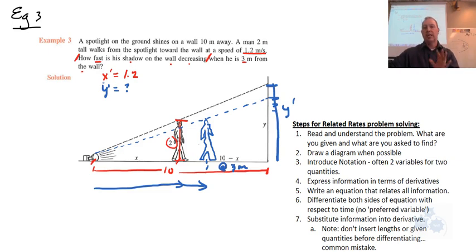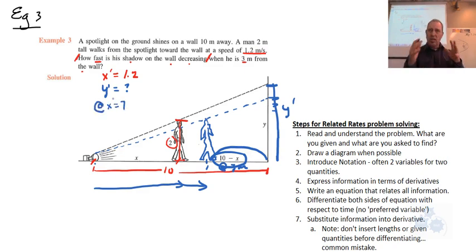Let's keep with just 2 variables. So when he's 3 meters from the wall, how many meters is he from the light? 7, right? 10 minus x. So if 3 is 10 minus x, x is 7. So this is at x equals 7.